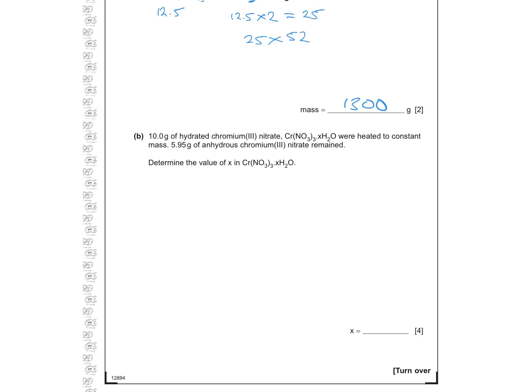Part B. Now there's a water of crystallization question. We can tell that because here's the equation and there's a dot between these two parts. So I have to work out the value of x here. Now to do this, we need to work out the mass of the anhydrous chromium 3 nitrate and the mass of the water.